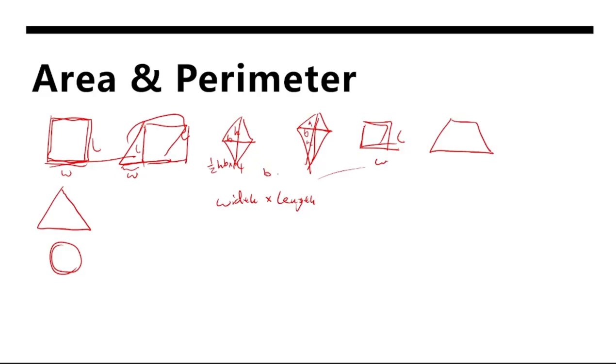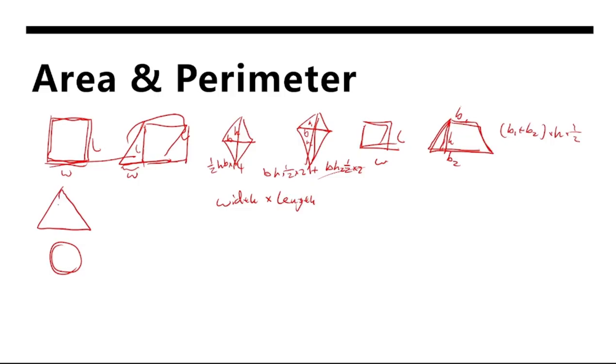We'll have base times height 1, half, times 2, plus base times height 2, half, times 2. And for a trapezium, this is base 1, base 2, and perpendicular height. We'll have base 1 plus base 2, whole thing, times height, divided by 2.